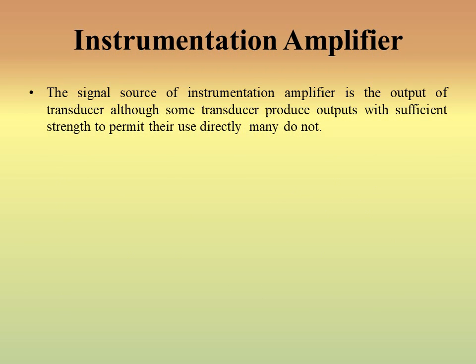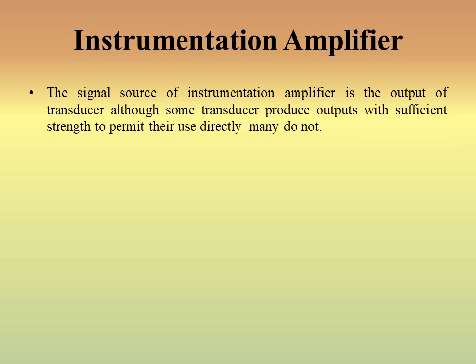Now the signal source of an instrumentation amplifier is the output of a transducer. Although some transducers produce outputs with sufficient strength to permit their use directly, many do not. So what we are saying here is that the input to the instrumentation amplifier is provided by the transducer of the input stage along with the preamplifier.